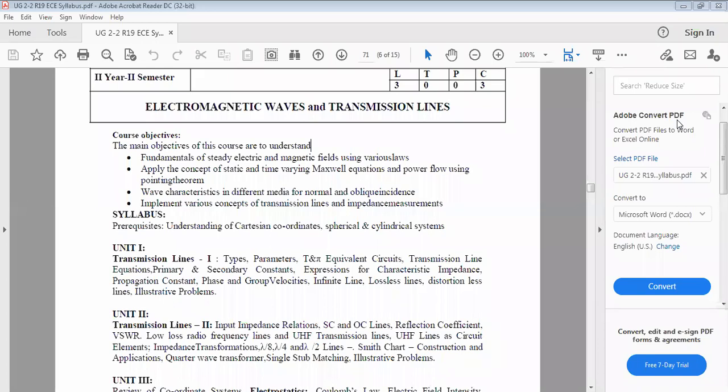Another transmission line is, see here, your fan or your tube light or some incandescent lamp. All those are always connected with one black and one red connecting wire. Yes or no? Black and red. And those black and red connecting wires are always twisted around each other.